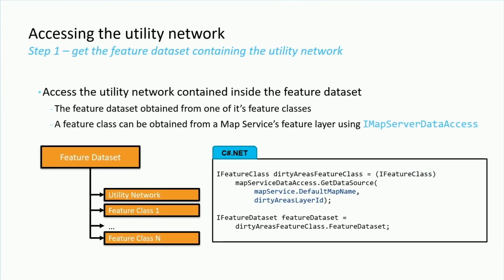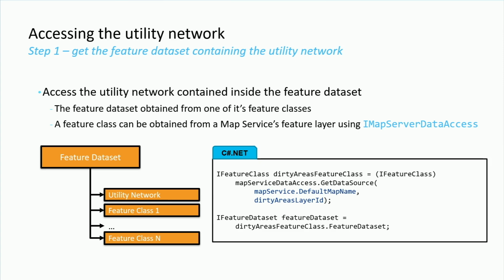So there are two ways, or there can be two ways of doing it. I'll show a better way in my demo. But one way, if you know the name of your utility network, you basically start off with your map server first. And from your map server, you can get the first layer, which will belong to the utility network. So you can get a feature class, for example, the dirty areas feature class. And from there, you can get the feature data set.